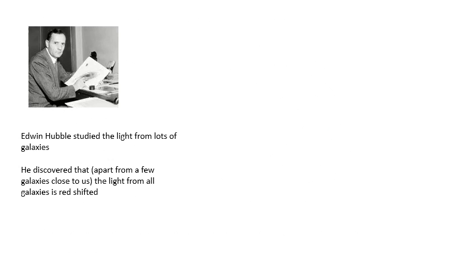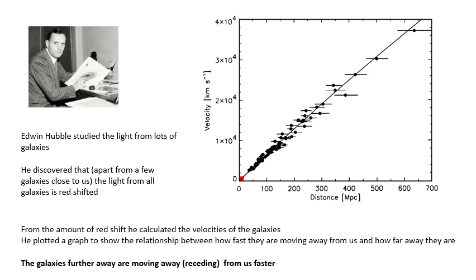Now this guy, Edwin Hubble, he looked at the redshift of lots and lots of galaxies, and he discovered a pattern. What Edwin Hubble discovered was very important. This graph. He discovered that the further away the galaxies are, the faster they are moving away from us.